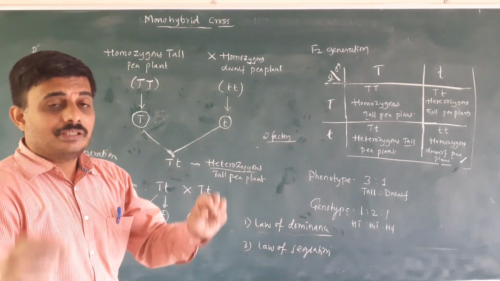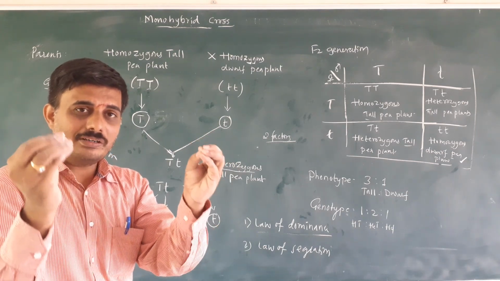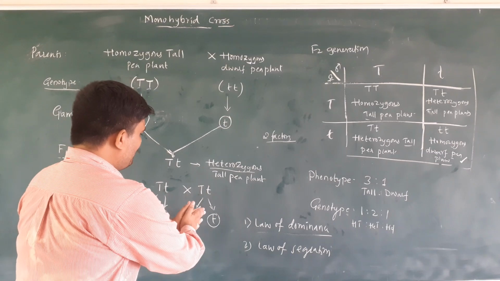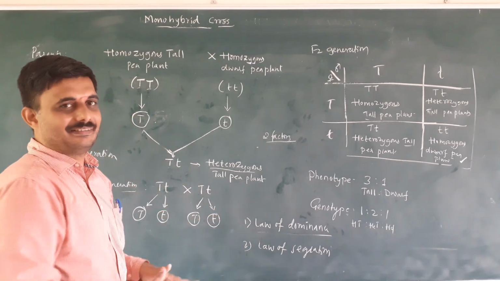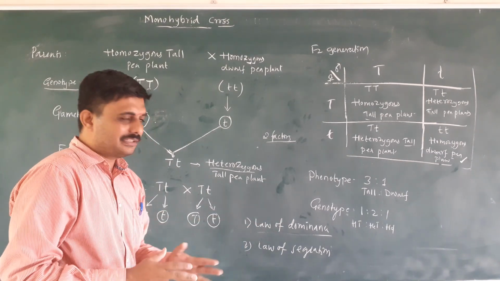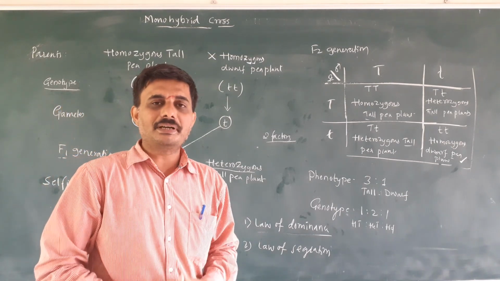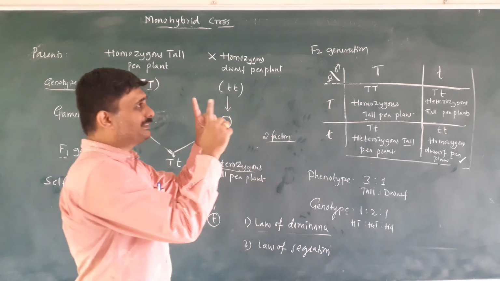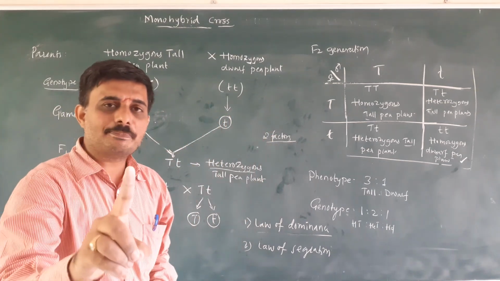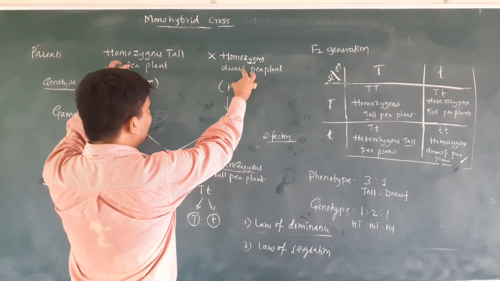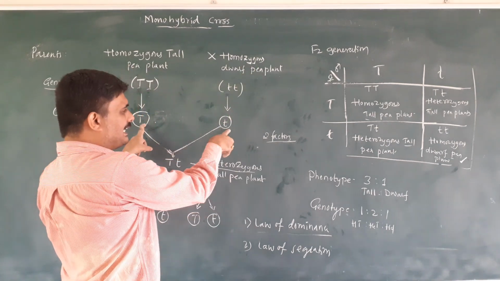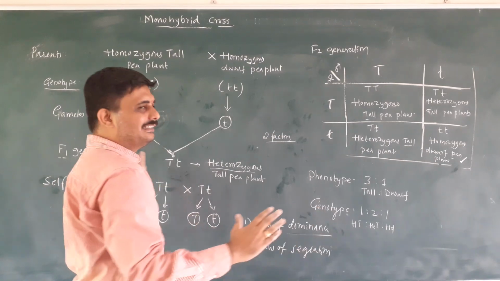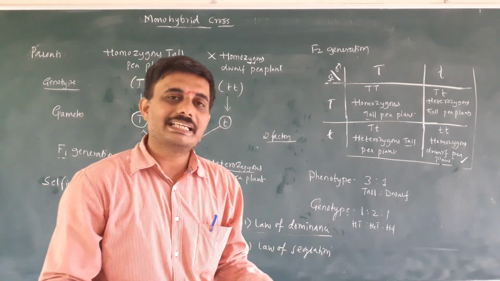Whenever two contrasting factors are brought into hybridization, during gamete formation they get segregated. What is the law of segregation or law of purity of gametes? The two contrasting factors of a single character, here the height of the plant, get separated or segregated during gamete formation.